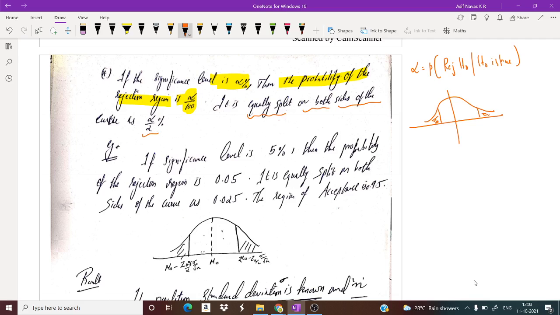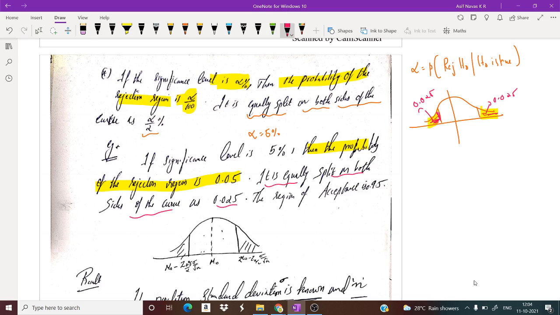For example, if significance level alpha equals 5 percentage, then the probability of the rejection region is 0.05. That means this area is 0.025, and also this area is 0.025. So the rejection region is 0.05 in total. That means it is equally split on both sides of the curve.